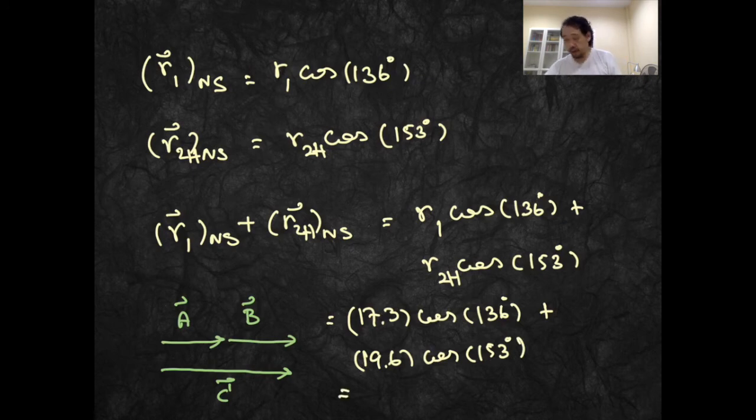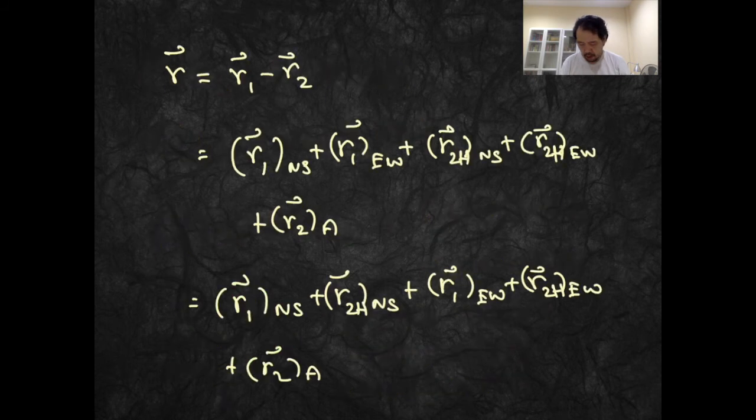And this result, let's use the calculator. 17.3 times cos 136 plus 19.6 times cos 153 is equal to minus 29.908 kilometer.